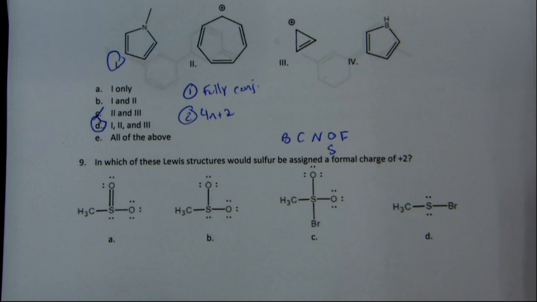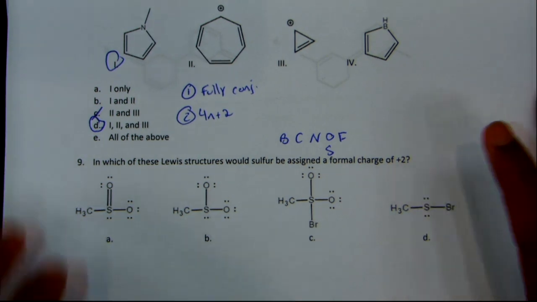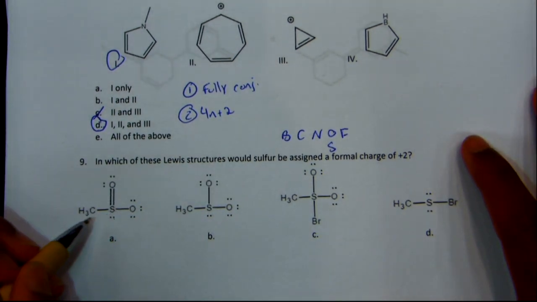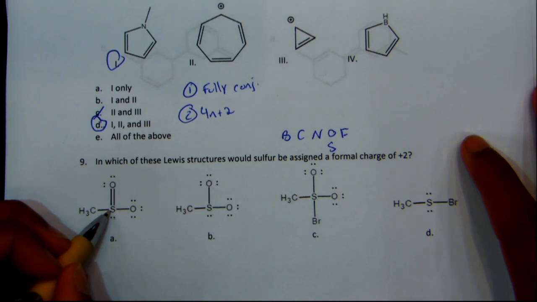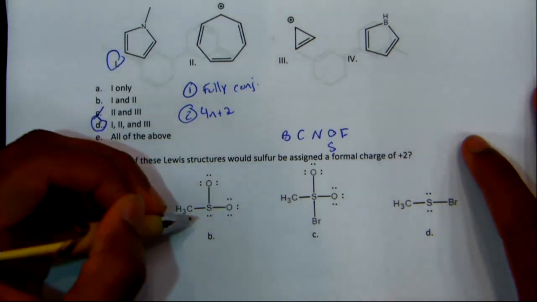Okay, so now we're looking for something that only has 4. All right, so let's look at this one. So 2, 3, 5, 6. So we're good with this one. Sulfur is neutral in this case. Everyone agree? Okay, so this one's good. What about this one?